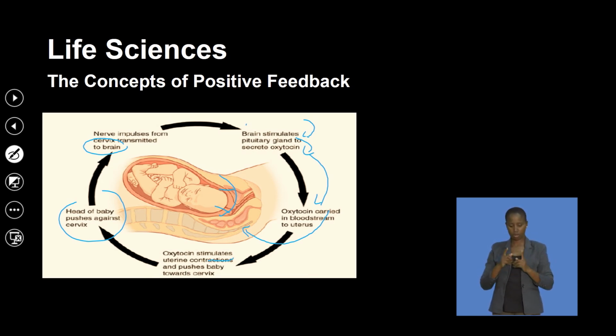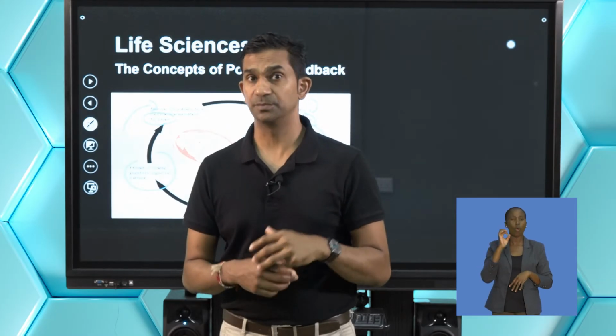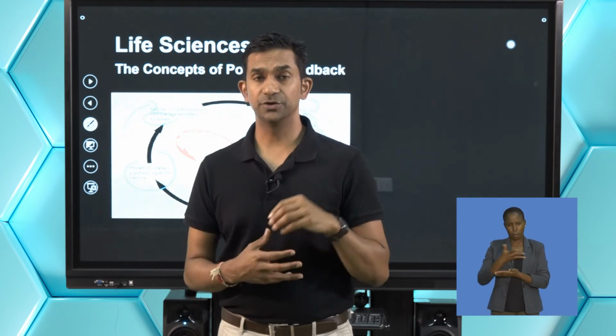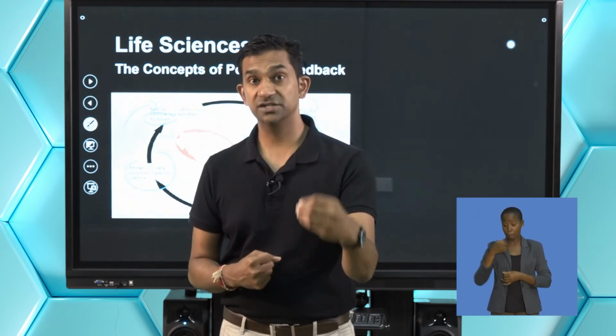As the baby pushes further against the cervix, there is more stimulation of the nerve impulses to the brain. There is a greater release of oxytocin. There is an intensifying action on the muscles of the uterus, increasing contraction. And hence you would know from chatting to your parents or your siblings or people that have had babies, that the intensity of the contraction increases.